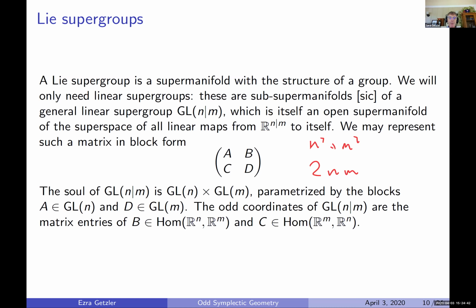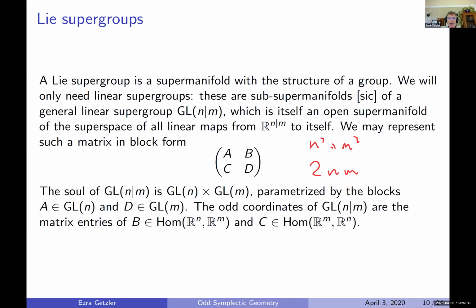So let's represent endomorphisms in block form, A, B, C, D. So A is an endomorphism of R^n, D is an endomorphism of R^m, and B and C exchange the two spaces. So they have different roles. A and D parameterize the even coordinates, and B and C, their matrix entries are the odd coordinates. Okay? So this is our first non-trivial example of a supermanifold.